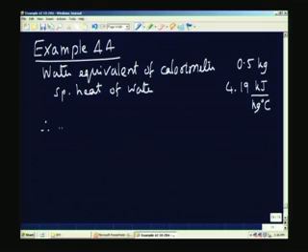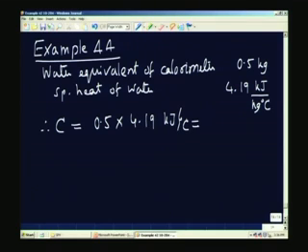Therefore, C is nothing but the product of these two, 0.5 into 4.19, which will be in kilojoules per degree Celsius, which is nothing but 2.095 kilojoule per degree Celsius. That is the capital C.